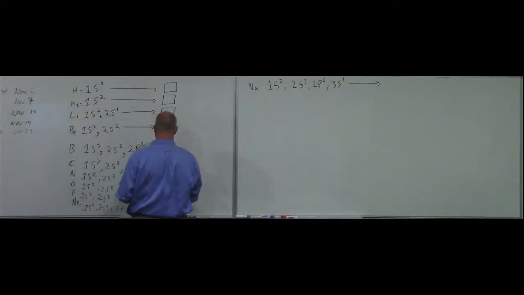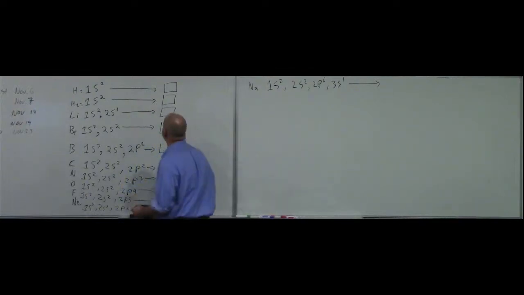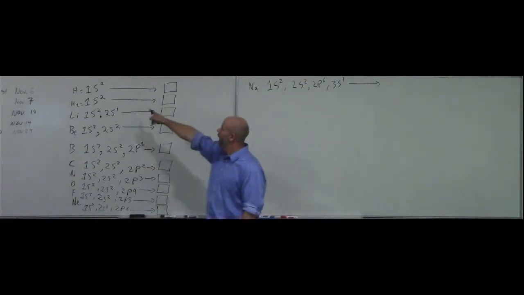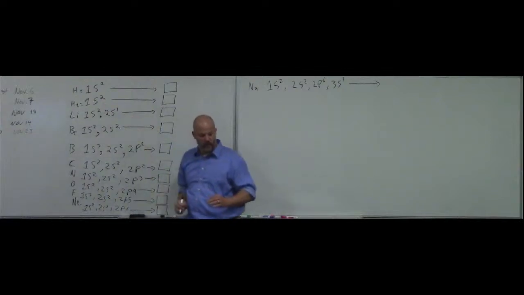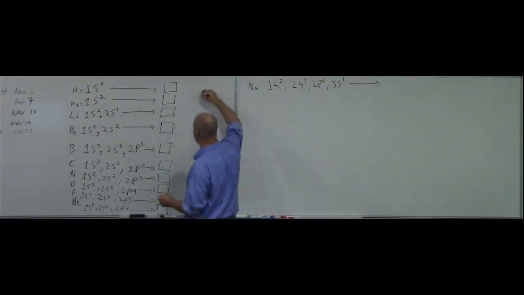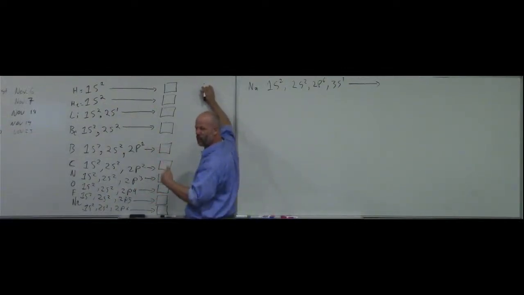You've got to be able to do all of this. Hydrogen has one electron, right? Remember, I've been showing you this idea when we got to that last quantum number, m sub s, the spin number.